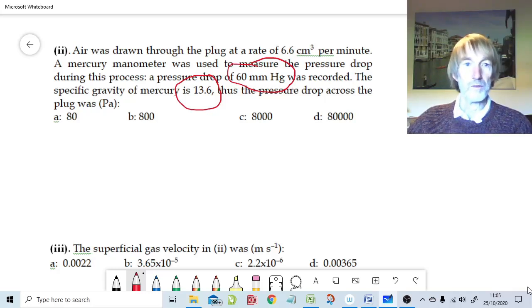So what equation do we use to convert between pressure or pressure drop, which is what we want, and height of mercury? Well, that's simply depth times density.